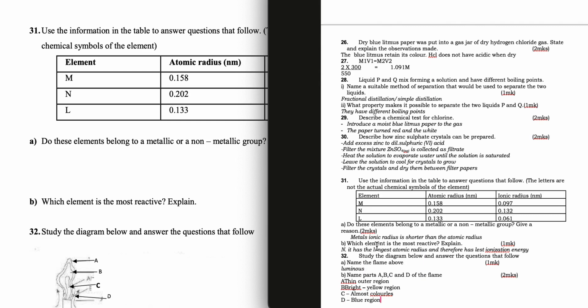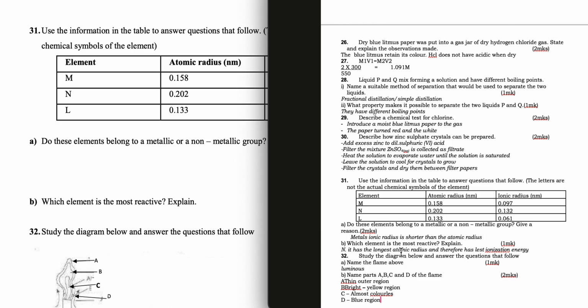The metal's ionic radius is shorter than the atomic radius. So they belong to metallic group.